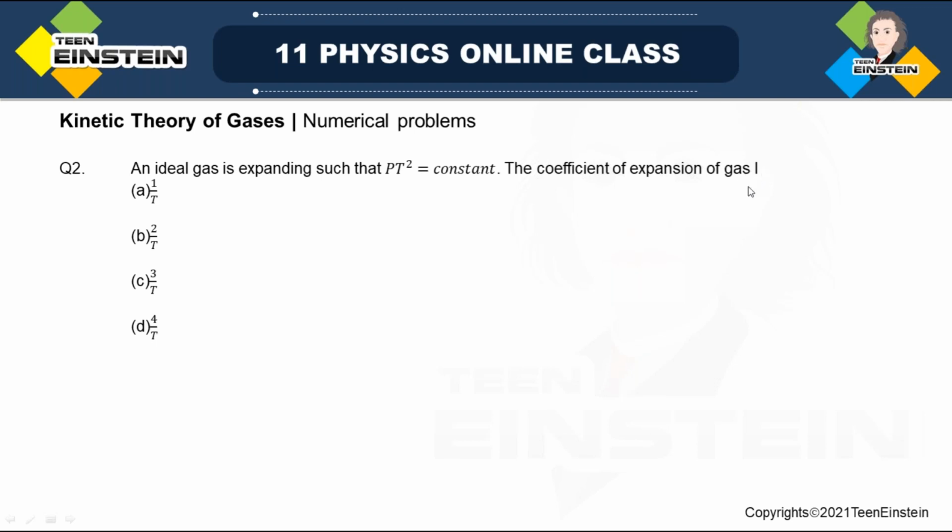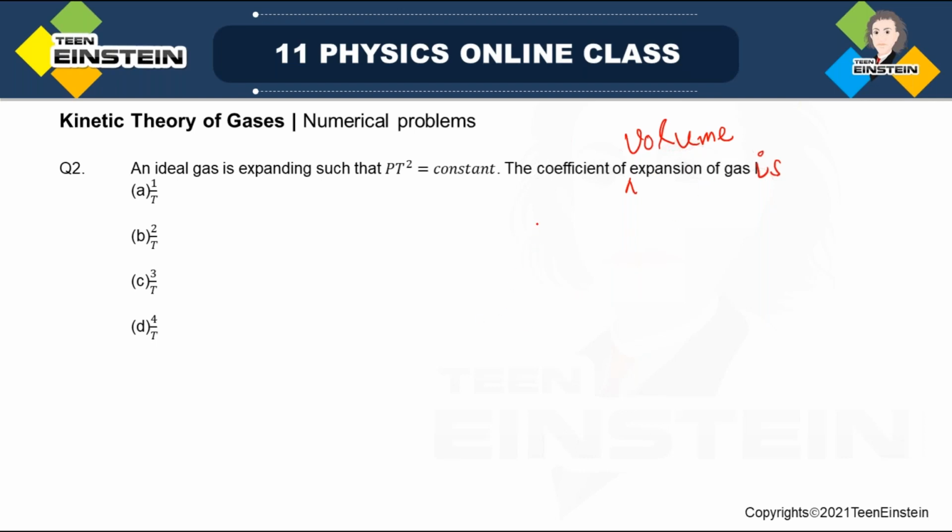So you have to find out the coefficient of expansion of the gas. I think it is the coefficient of volume expansion. I hope this is the volume expansion. So coefficient of volume expansion.